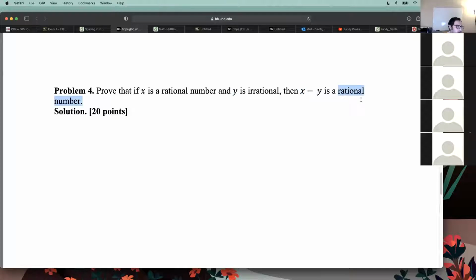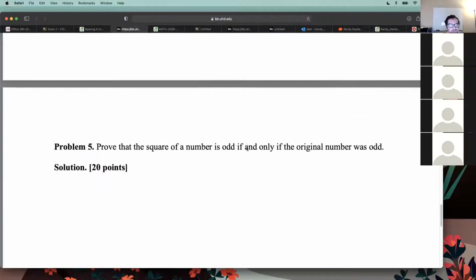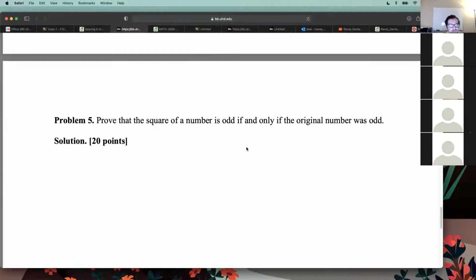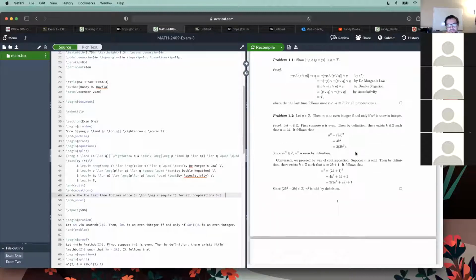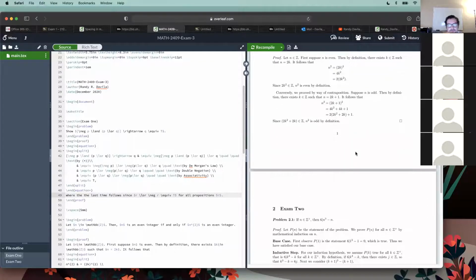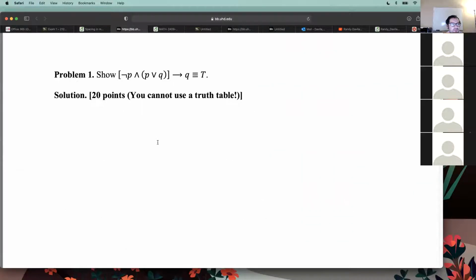So that's a counterexample, right? Prove the square of a number is odd if and only if the original number is odd. That's basically what I did here with this problem, just this is the even version of it. Okay. And that was it for exam 1.